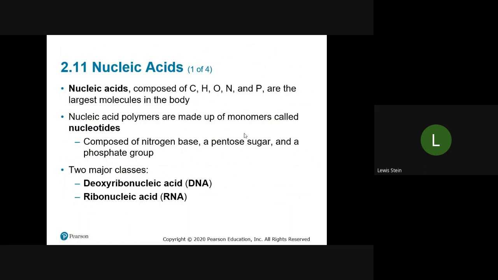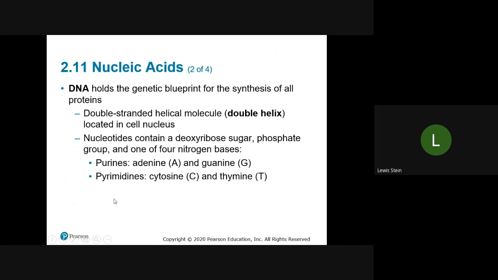It has a nitrogenous base, 5-carbon sugar, and a phosphate group. That's critical. And depending on what the sugar is, if the sugar is deoxyribose, the long chains form DNA, deoxyribose nucleic acid. And if the sugar is ribose, it forms ribose nucleic acid, RNA.